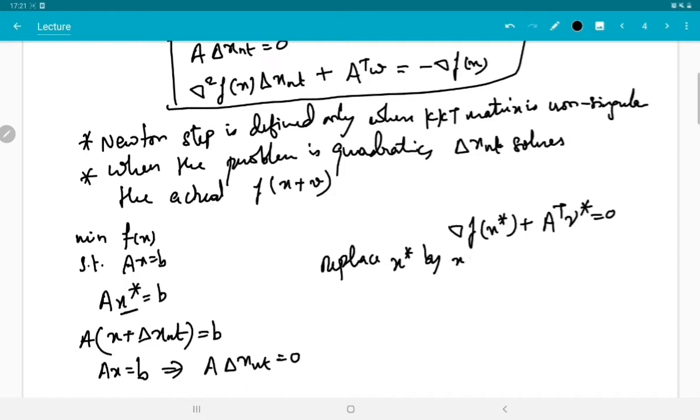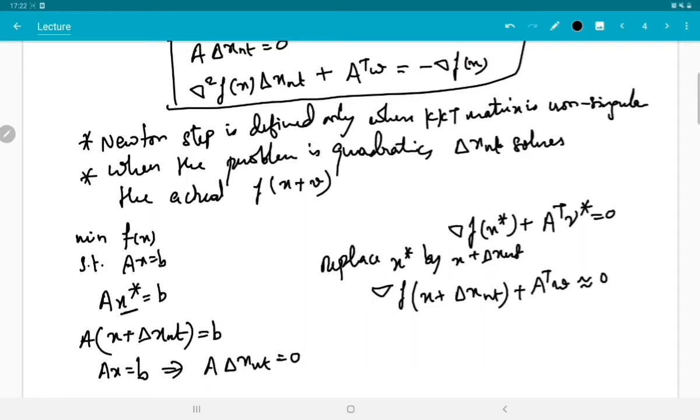What we get is del f(x plus delta x_nt) plus A transpose, with nu star replaced by w, almost equal to 0, because x plus delta x_nt is not the optimal, it is on the way of reaching the optimal, it is not the optimal point.